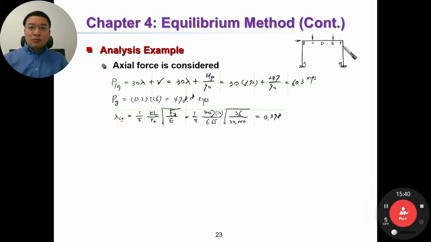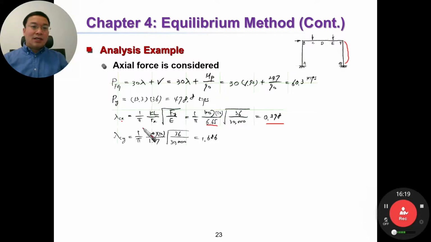And we assume there is no brace, then the length is 20 feet, and k equal to 1. Then 12 is the transfer ratio between feet to inch, and divide by pi multiplied by Rx.